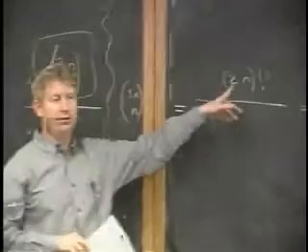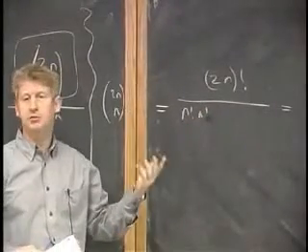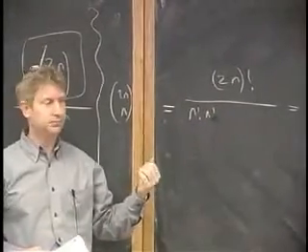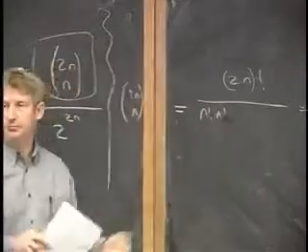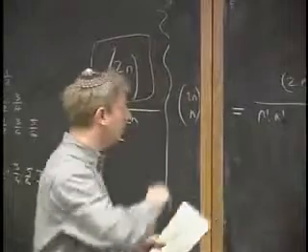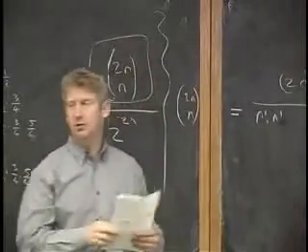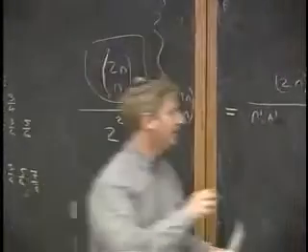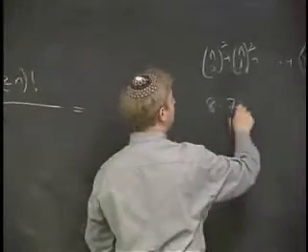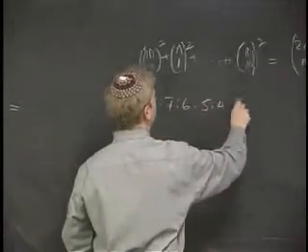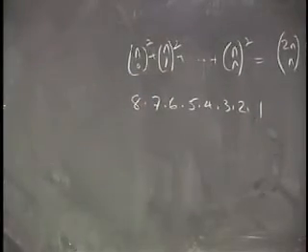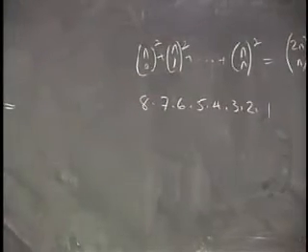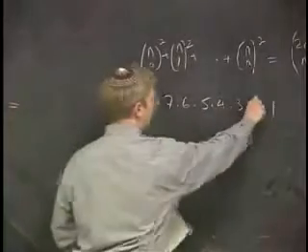What does 2n factorial look like? Let's take an example. Say n is 4. All right, it's 8 times 7 times 6 times 5 times 4 times 3 times 2 times 1. Let's go ahead and pull out a factor of 2 from something like that. I could pull out a 2 from all the even terms.